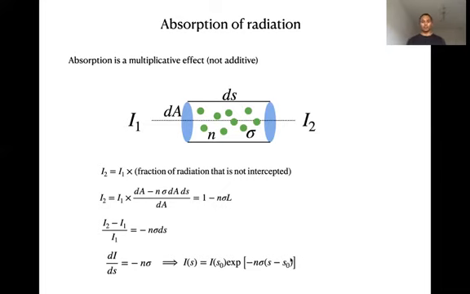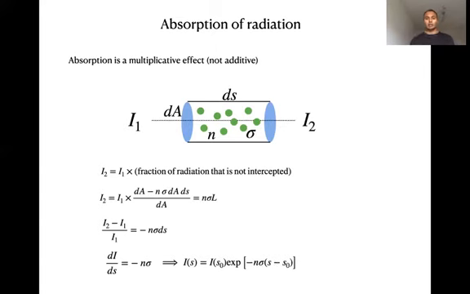So you immediately see that if there is absorption, then the specific intensity goes down exponentially. This is the common solution for any process where the amount of reduction is fractional. Any process where the amount of reduction is fractional, you're going to end up getting this.